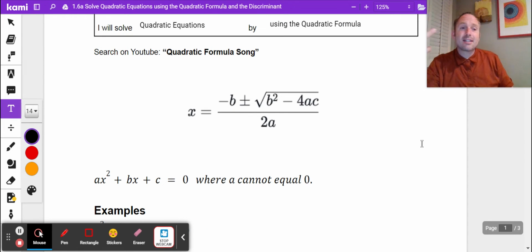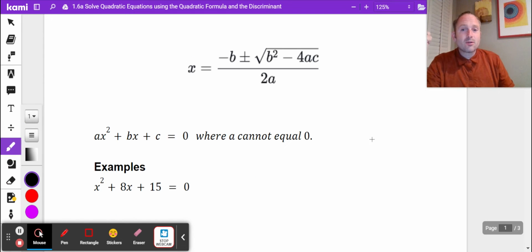Now, this is when we have it in standard form, like ax squared plus bx plus c is equal to 0, where a cannot equal 0. So let's dive into our examples. So we have x squared plus 8x plus 15 is equal to 0. So what we're going to do is write this out.